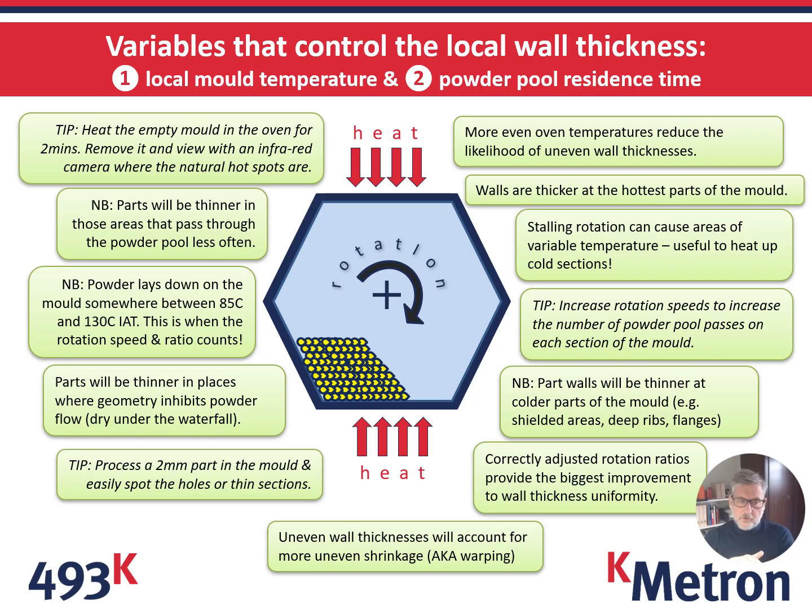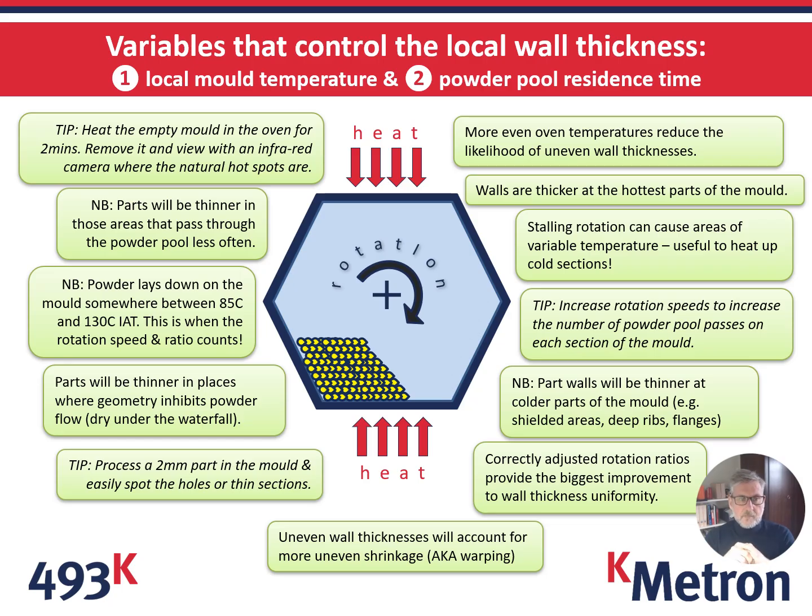As I mentioned on the previous slide, powder lays down on the mold somewhere between 85 Celsius and 130 degrees internal air temperature, either side of the melting point of polyethylene. So that's where it all happens, and that's where your speed and your rotation ratios are very important. As we've already said, parts will be thinner in those areas that pass through the powder pool less often. So the more powder pool passage you can get, the thicker and more even the part will be at that point.